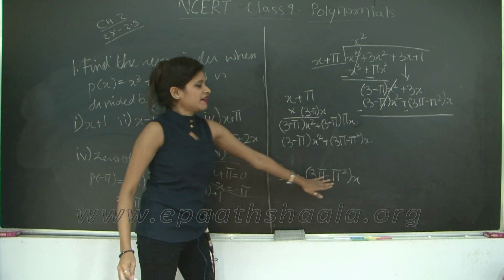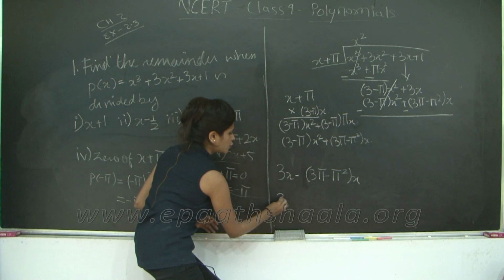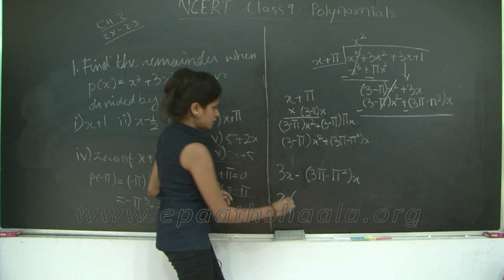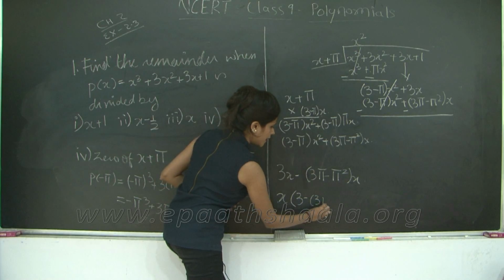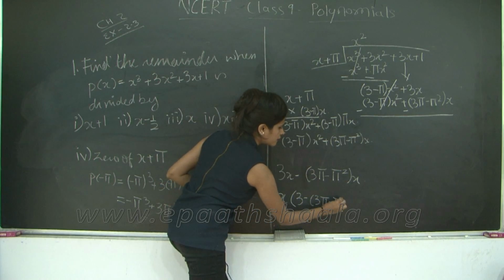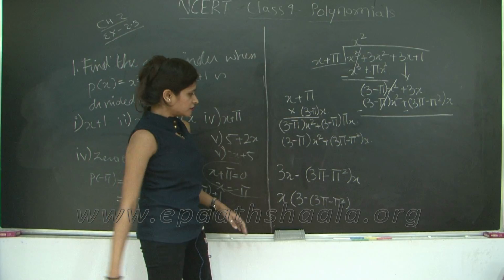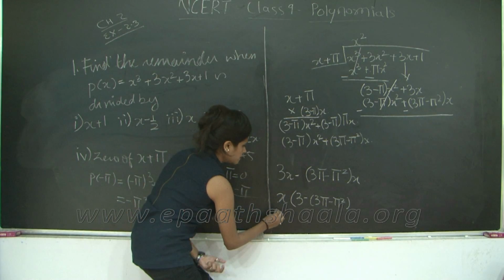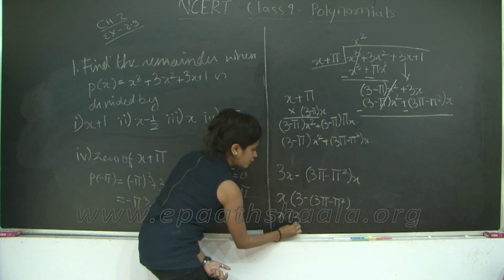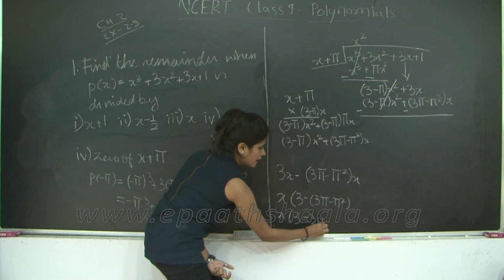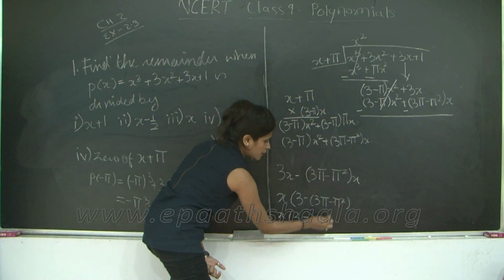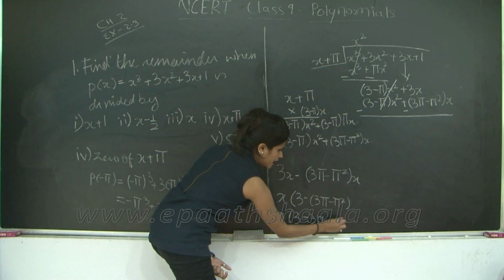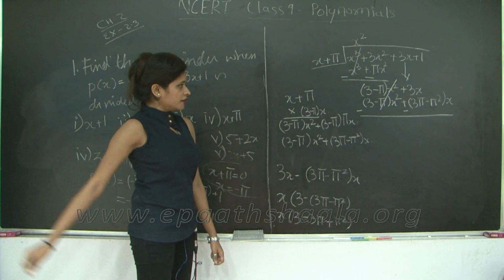Now I just need my variable term outside, so I am going to take x common out, okay? This becomes 3 minus 3 pi minus pi square, correct? So this becomes x into 3 minus 3 pi, minus into plus gives you minus, and minus into minus gives me plus, so plus pi square. Fair enough?